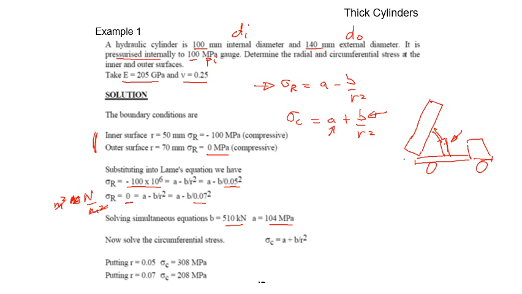You apply in this equation, remember to use the same units. Then we'll find that when R is 0.05, sigma C is 308. When R is 0.07, sigma C is 208 megapascal. How we get this answer, that's up to you to do as your exercise, right? Thank you. I see you in the next lecture.